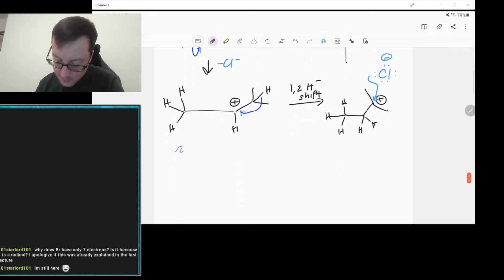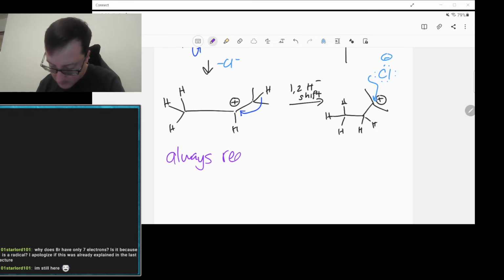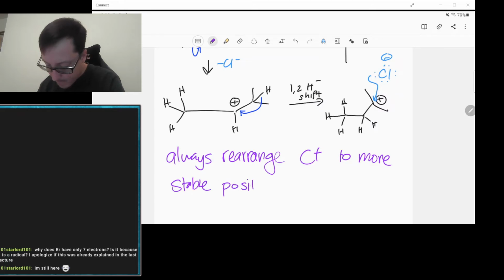So here's in big letters. Always rearrange to a more stable position before nucleophilic attack.